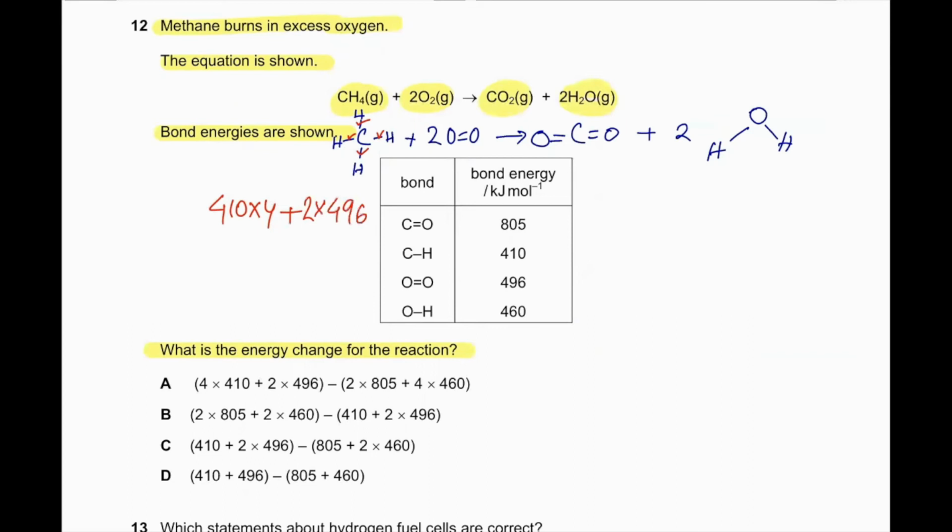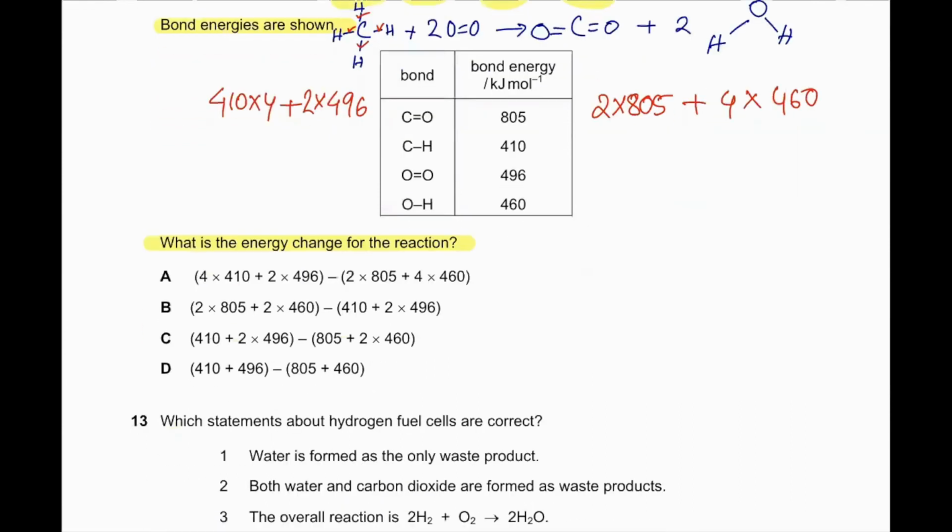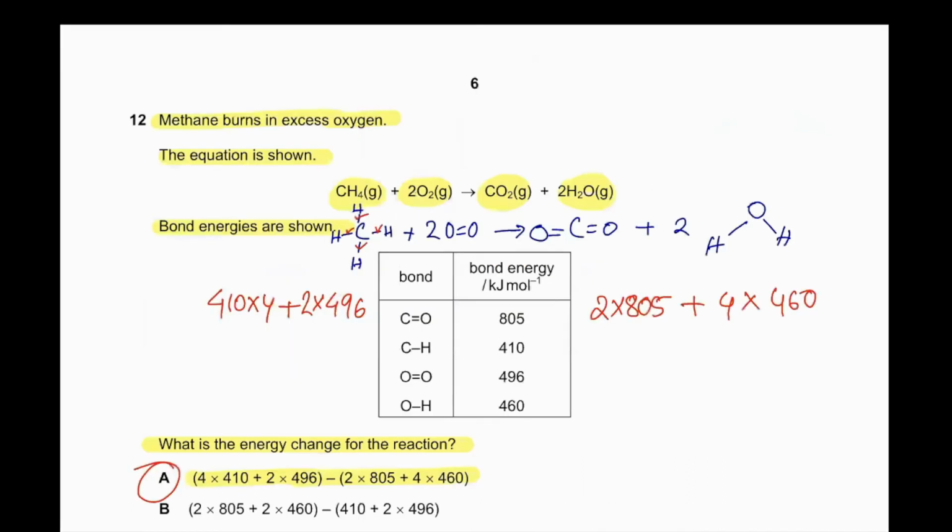Then the C=O double bond, there will be 2 into 805, plus there will be 4 into O-H. Each O-H is 460. So 410 into 4 plus 2 into 496 minus 2 into 805 plus 4 into 460. That will be our answer. So we can see definitely A matches our answer for the reaction energy change. So A will be the correct answer, guys. Question number 12, A.